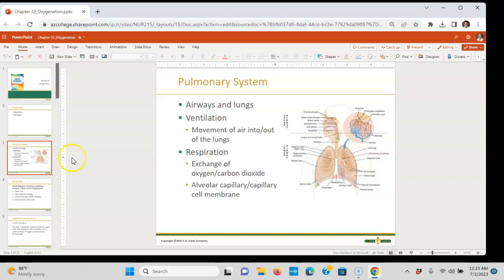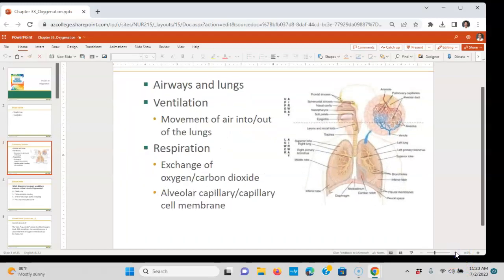So all the way down, including cell membranes, on this slide you can see way down into the situation. Coming in the nose, down the trachea, into the bronchus, into the bronchioles, into the alveolar spaces at the end.